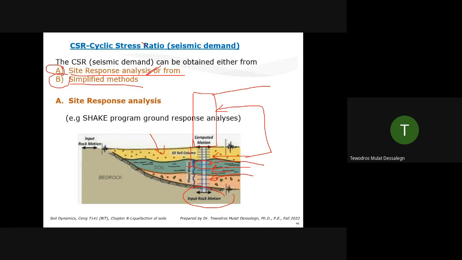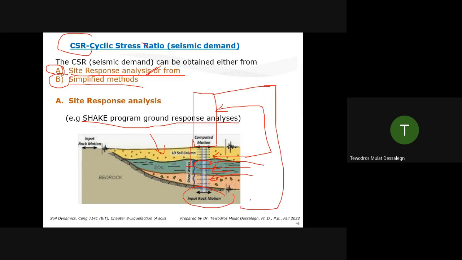To get the seismic stress at any depth, we divide it by the effective stress there, and we call it CSR, cyclic stress ratio. So Shake program does ground response analysis. We'll see it in chapter 9 in detail. Or there are other techniques. I mean, this is so much sophisticated.